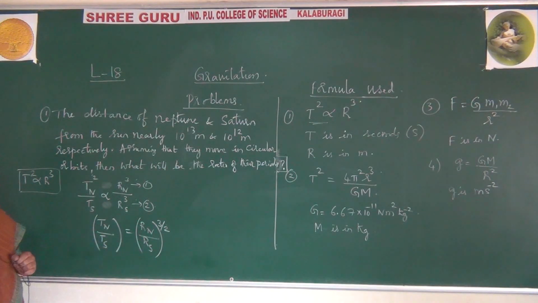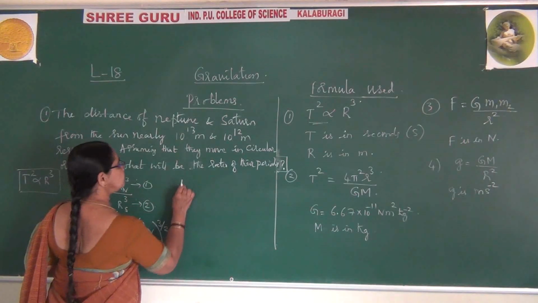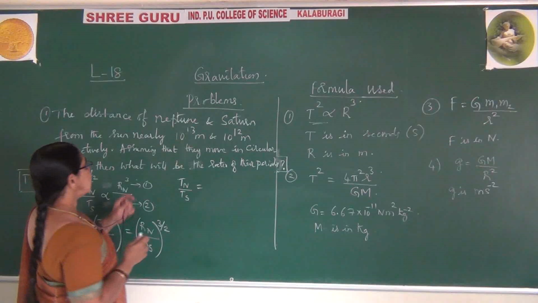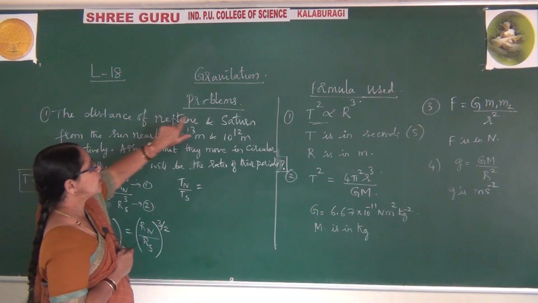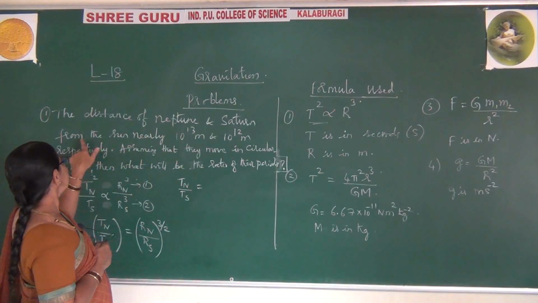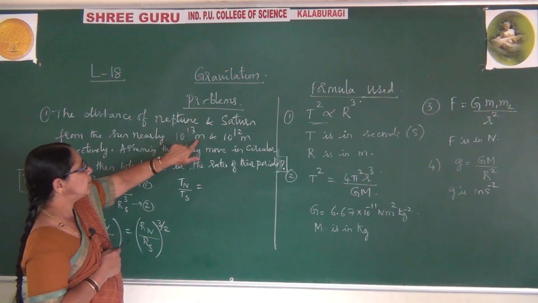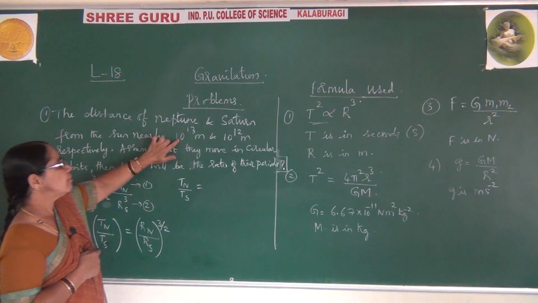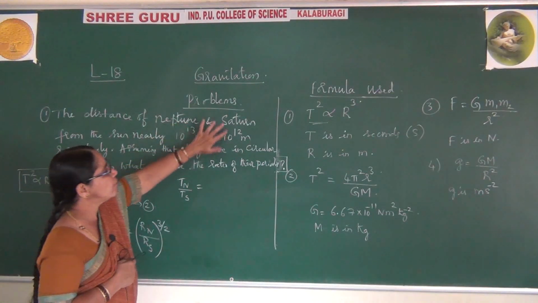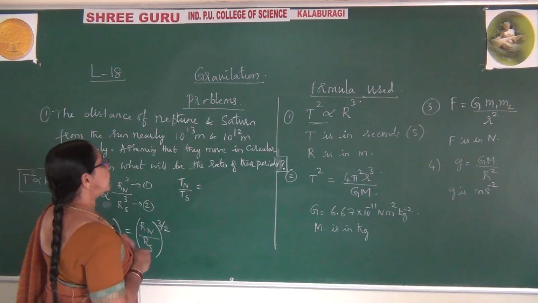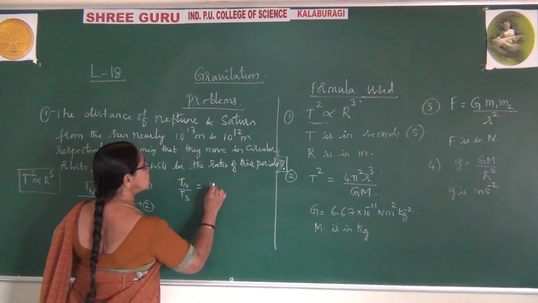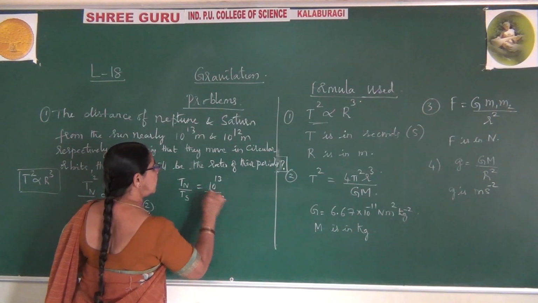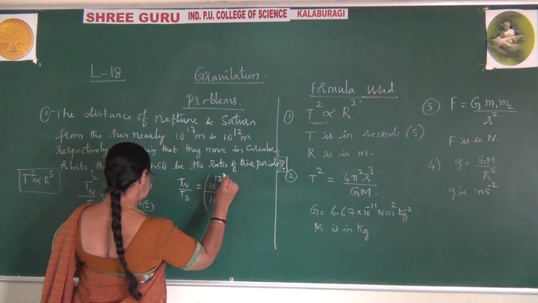Now if I substitute the values, the expression becomes Tn by Ts is equal to, what is Rn? First is Neptune, second is Saturn. They have given from the sun nearly 10 raised to 13 meter and 10 raised to 12 meter respectively. So the first value is for the first, the second for the second. For Neptune it is 10 raised to 13, for Saturn it is 10 raised to 12, to the power of 3 by 2.